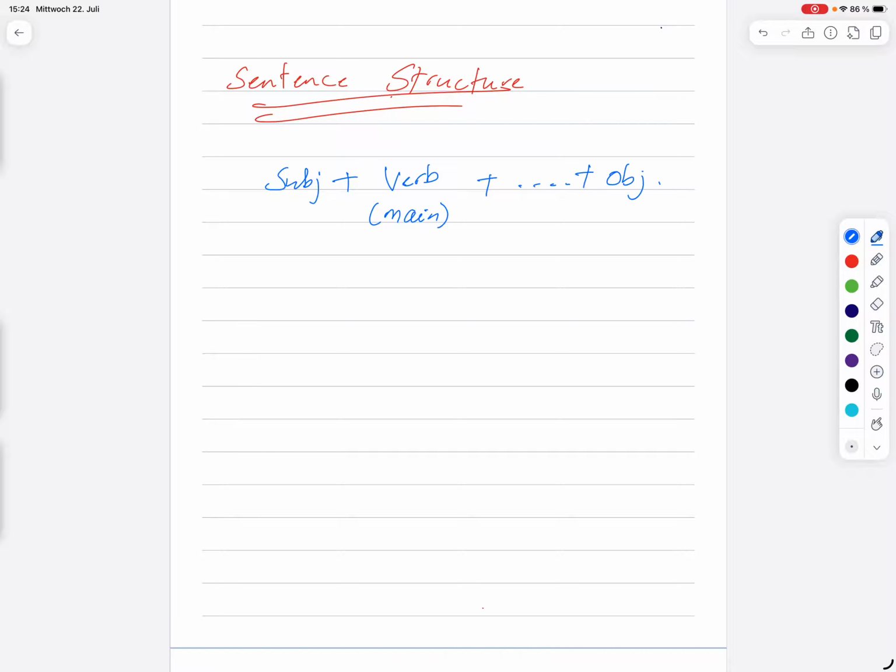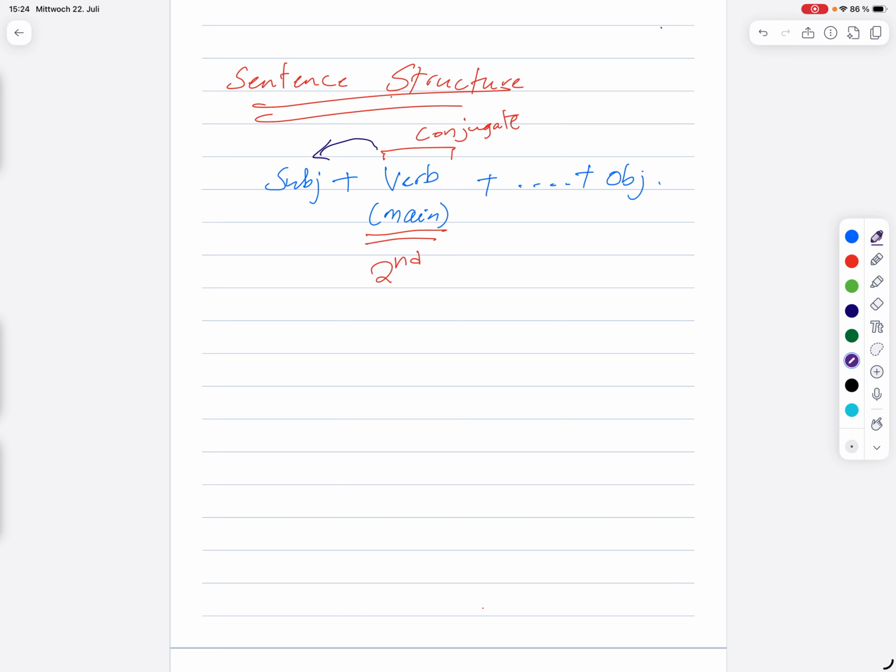The main verb is always at the second position, and you also conjugate the main verb according to the subject, right? So this is the simple sentence building in German.